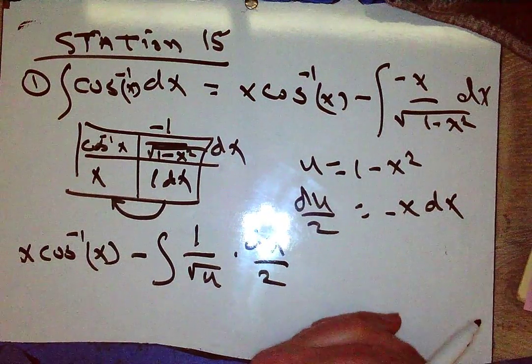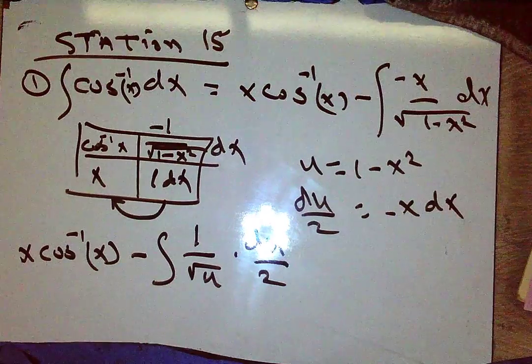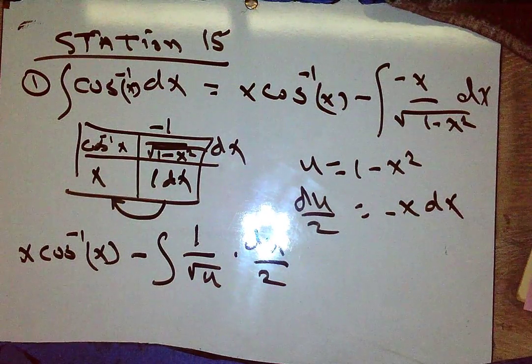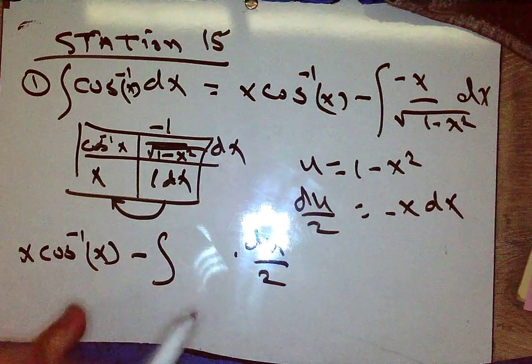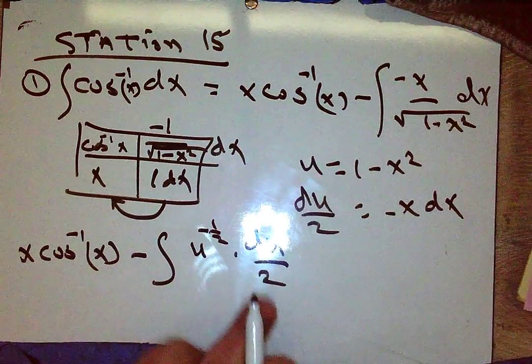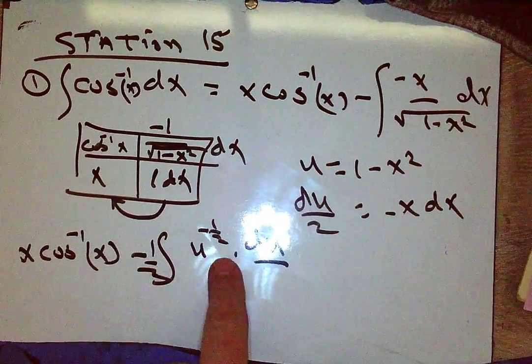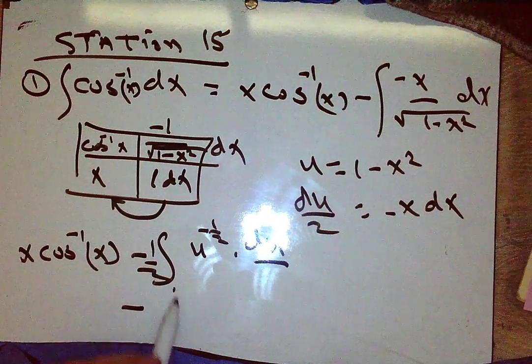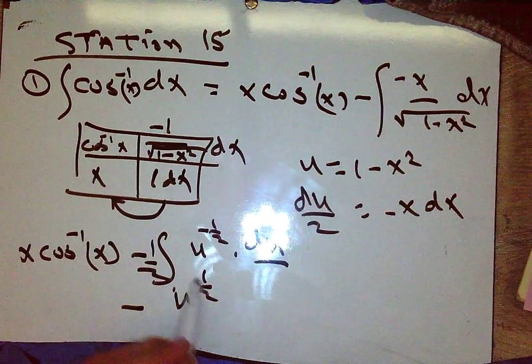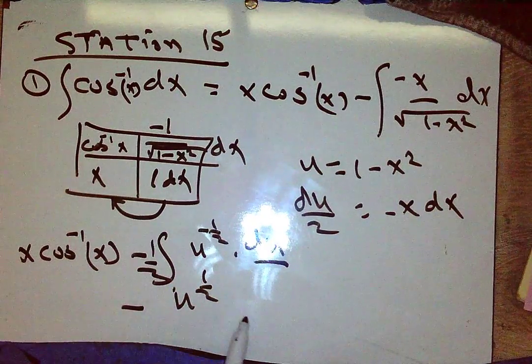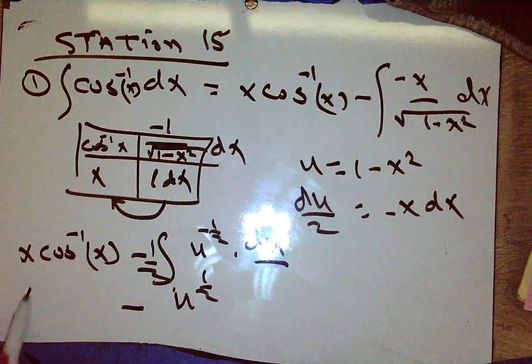Alrighty. Well, that's u to the minus 1/2. And this is 1/2 out of that. So 1/2 goes up there. Bring that down, just like that. This is already done.